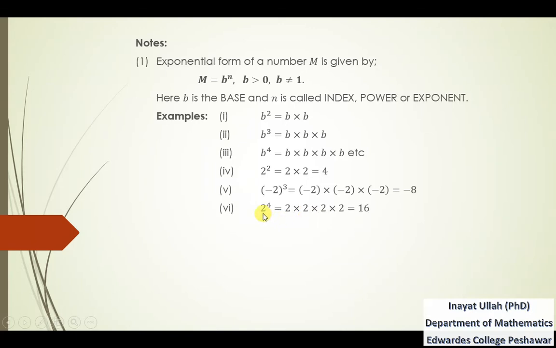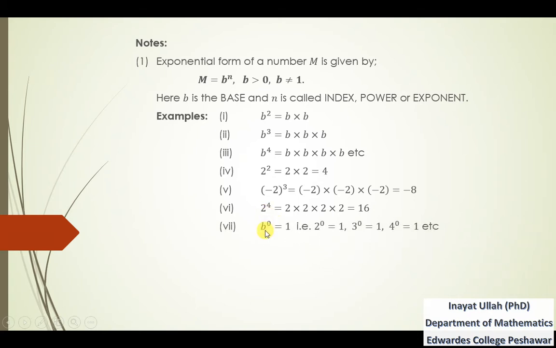Similarly, 2 power 4 means 2 is multiplied 4 times. 2 2s are 4, 4 2s are 8, 8 2s are 16. So 2 power 4 is actually 16. We can say that the exponential form of 16 is 2 power 4.